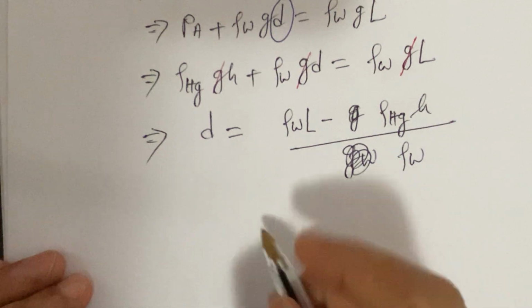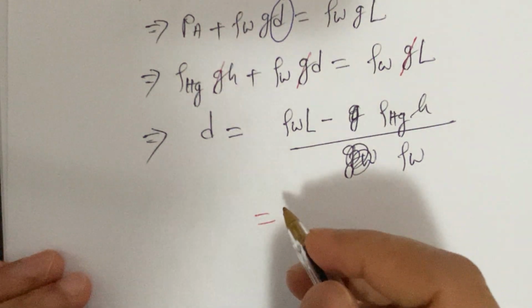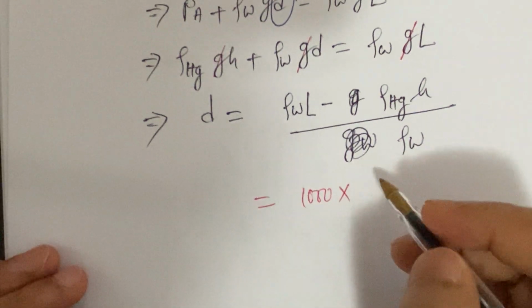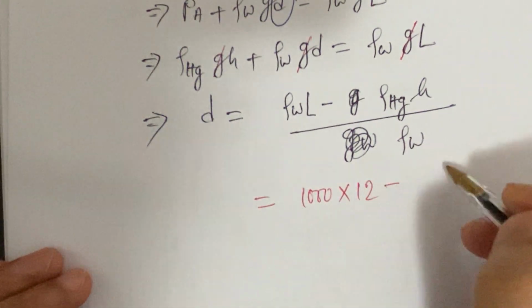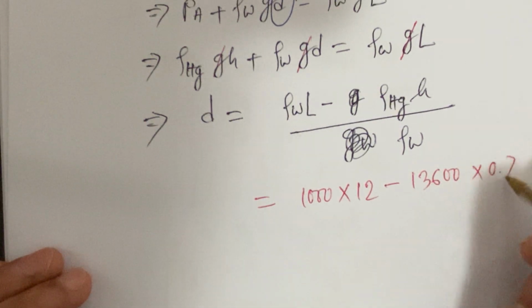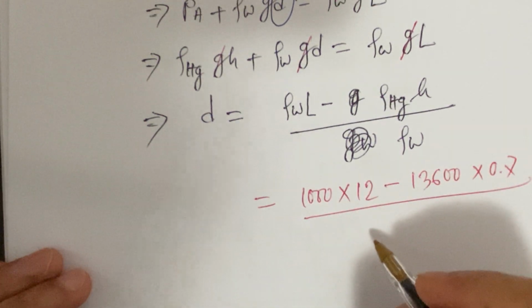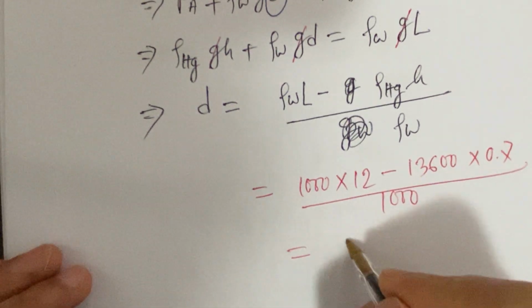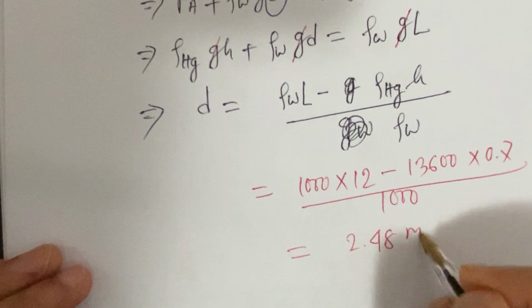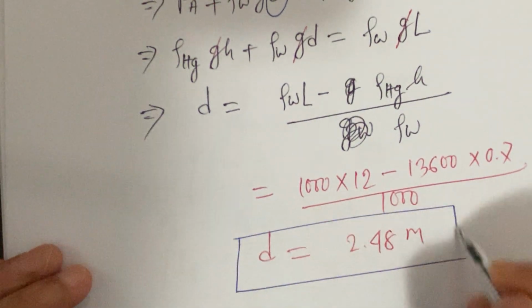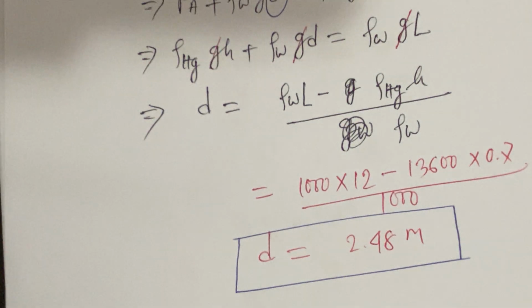So now we know the density of water is 1000 and the length is 12 meter. The mercury density is 13,600 and H is 0.7, and this density is given as 1000. So the depth is 2.48 meter. So this is the D, the depth which we calculated.